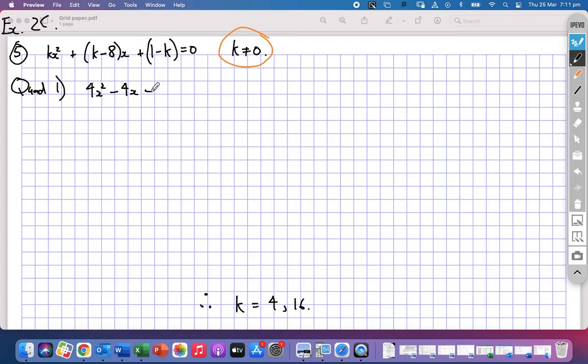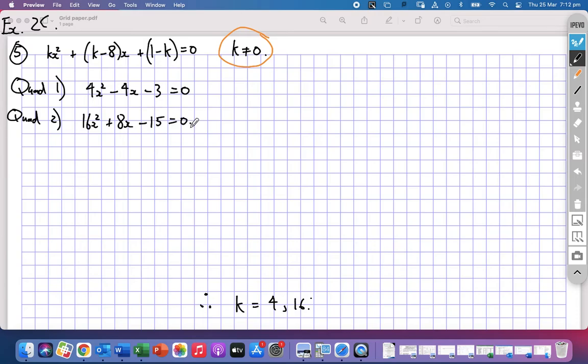That's a minus 3 equals 0. And quadratic 2, I'm going to use the 16. 16x squared. We've got 16 minus 8 is 8. And we have 1 minus 16, that's a minus 15.